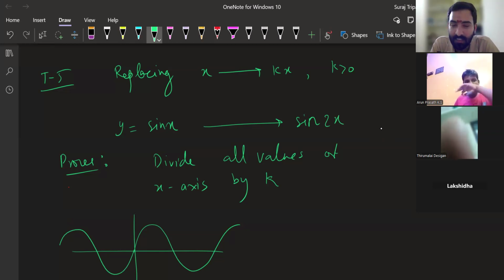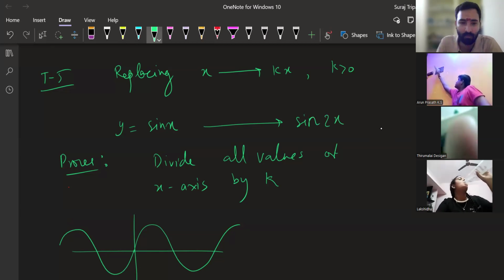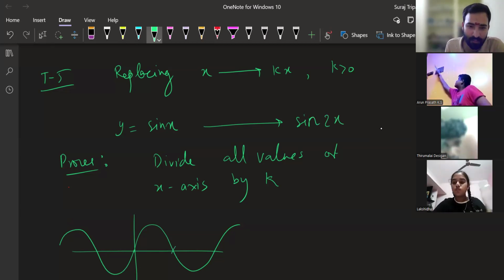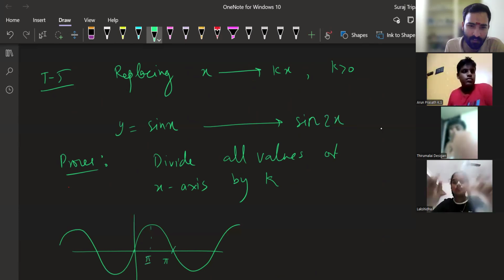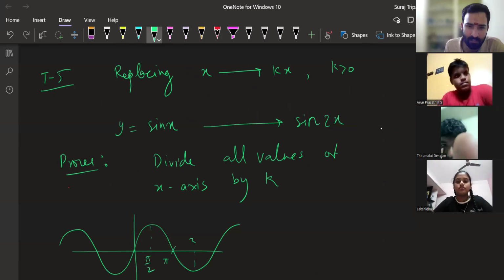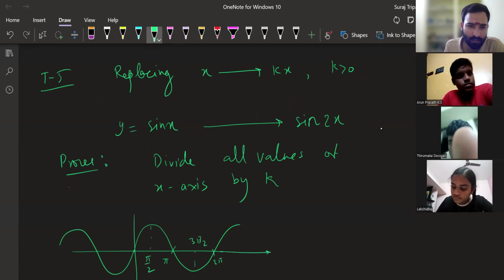Suppose I am taking k as 2 for sine 2x, so each value we have to divide. Previously we have pi, and at this point pi by 2. This is 3 pi by 2, and this is 2 pi. This is minus pi by 2, this is minus pi, like this.